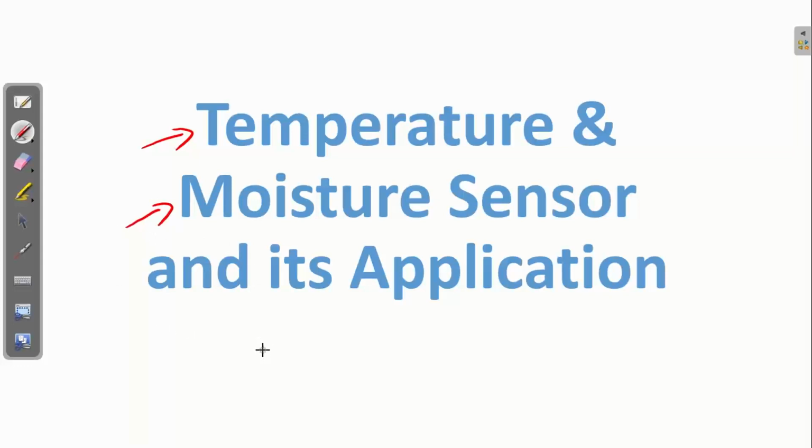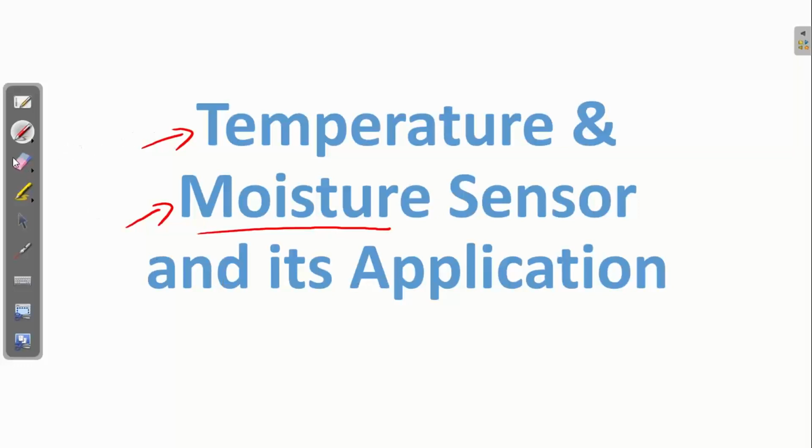We will see in detail how your temperature sensor looks and how you can connect it with the Arduino board. We will also see how your moisture sensor looks. Actually, there are many variations in the moisture sensor. We'll see all those variations and the practical areas where we can implement it.